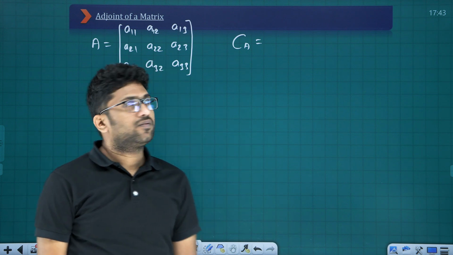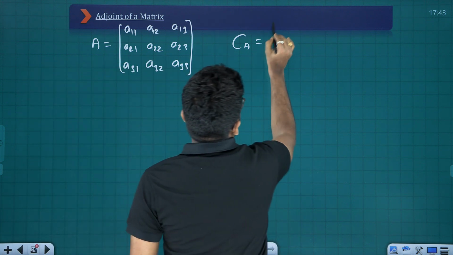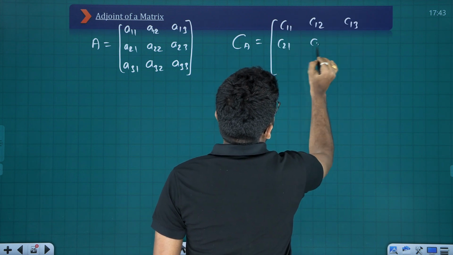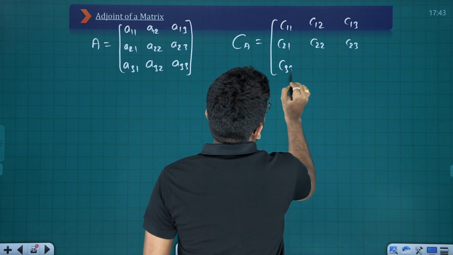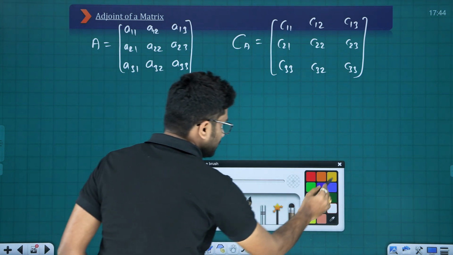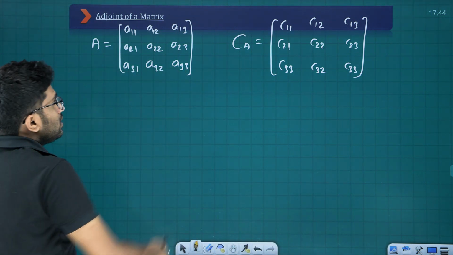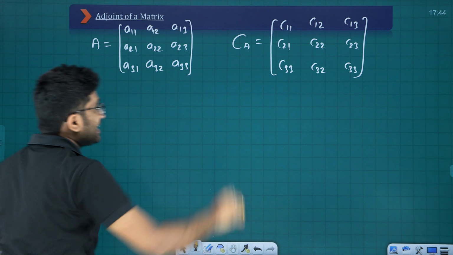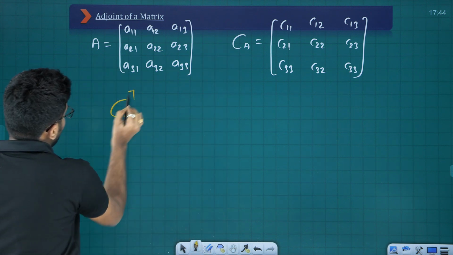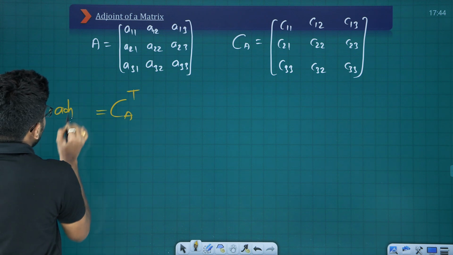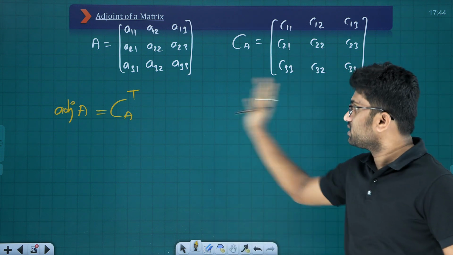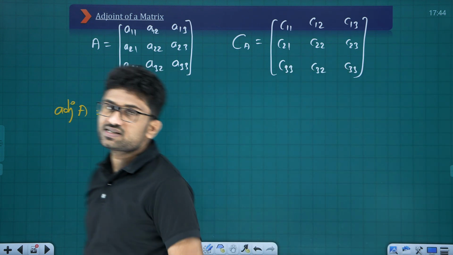By replacing the elements with their corresponding cofactors: C11, C12, C13, C21, C22, C23, C31, C32, C33. Now, friends, the transpose of the cofactor matrix is called the adjoint of the given matrix. That's it. The adjoint of a given square matrix is nothing but the transpose of the cofactor matrix.